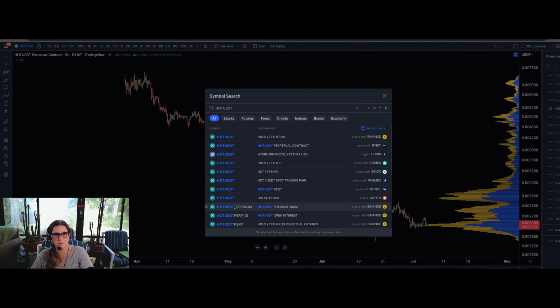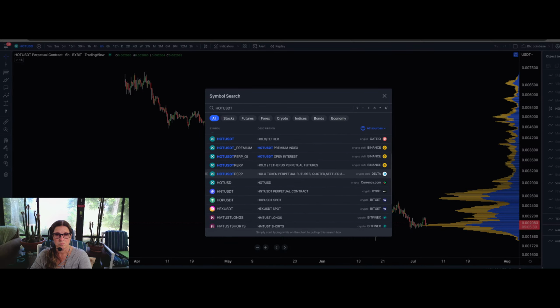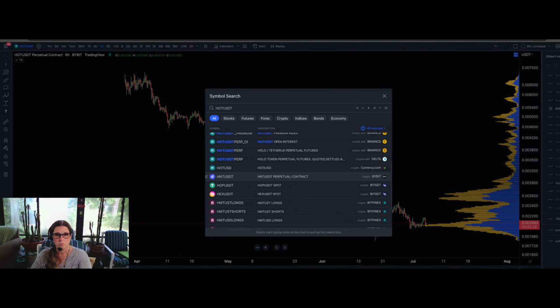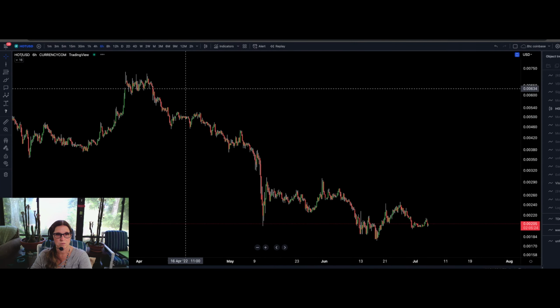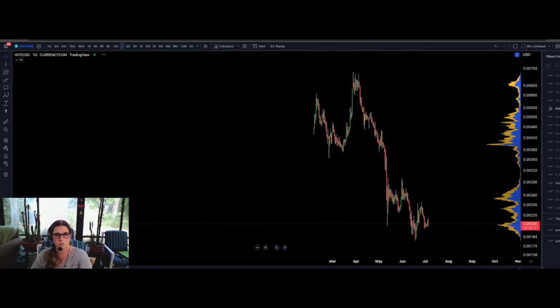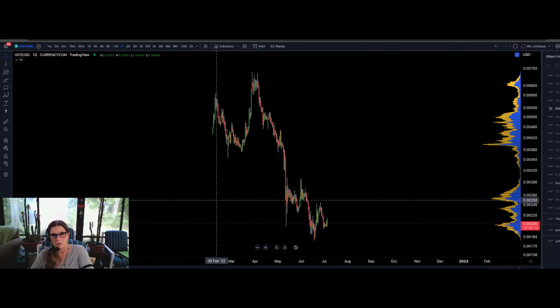Am I typing something in wrong? HOT USDT. Here we go. That's a little better.